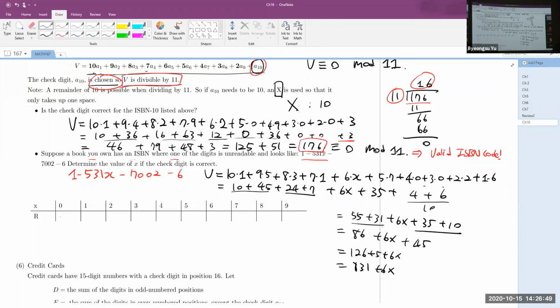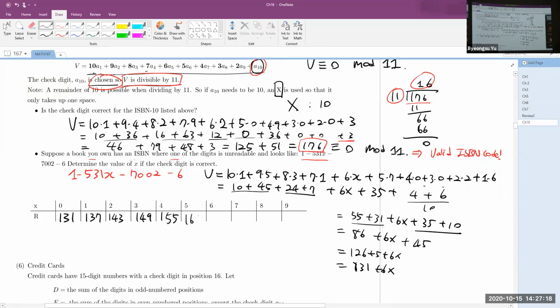When x is equal to 0, we just get 131. When x is equal to 1, you add 6 to get 137. When x is 2, you add 6 again to get 143, 149, 155. Oh, sorry, the number is too big.